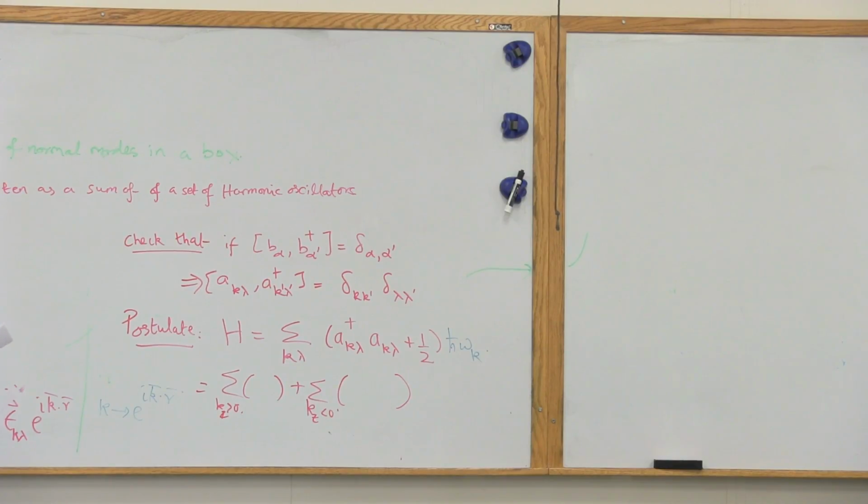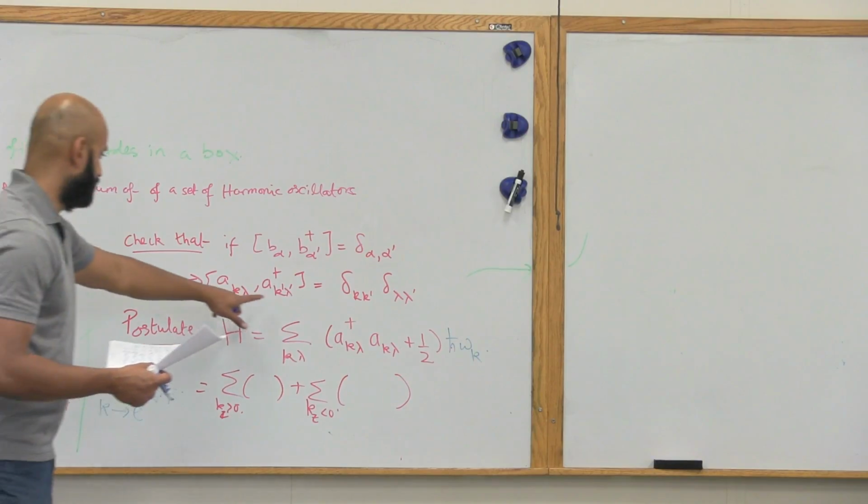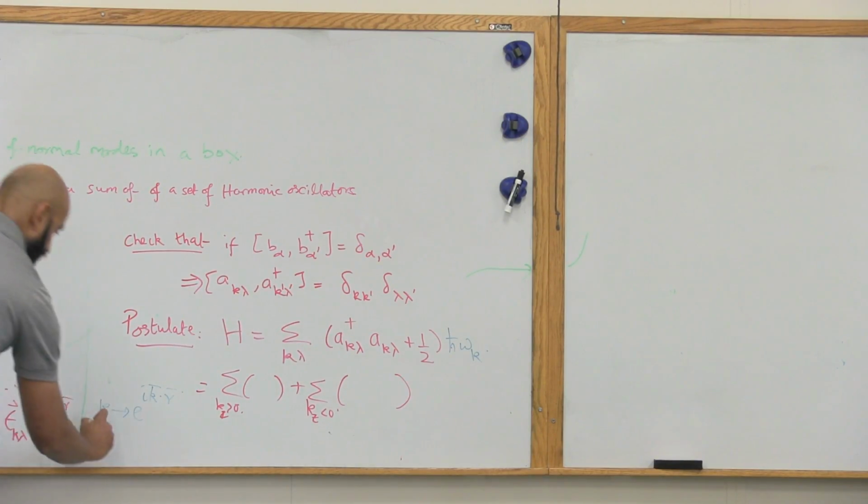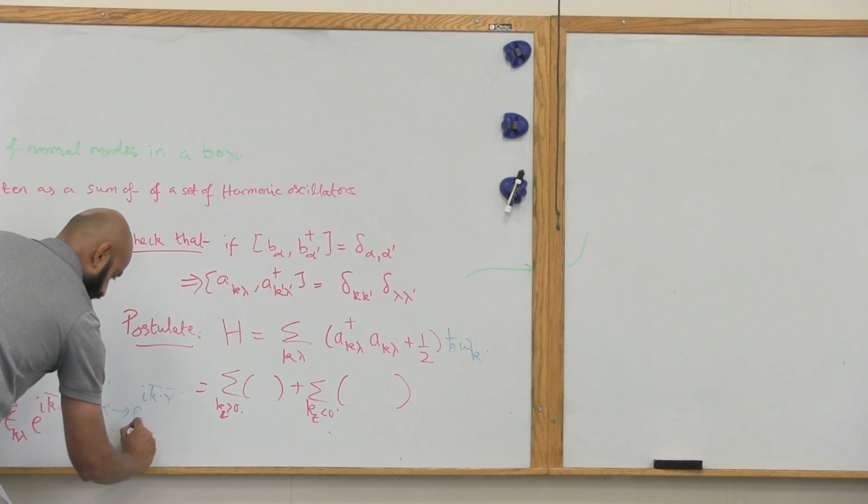Lambda labels the polarization, and the a_kλ and a_kλ† satisfy this commutation relation. This is our final expression.